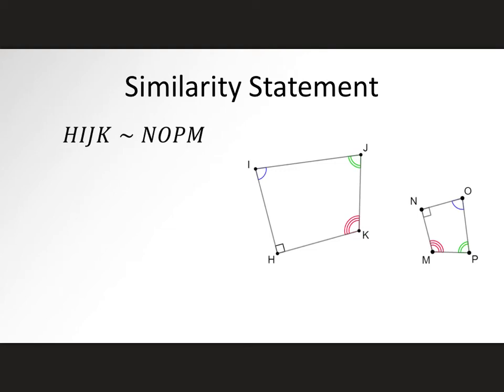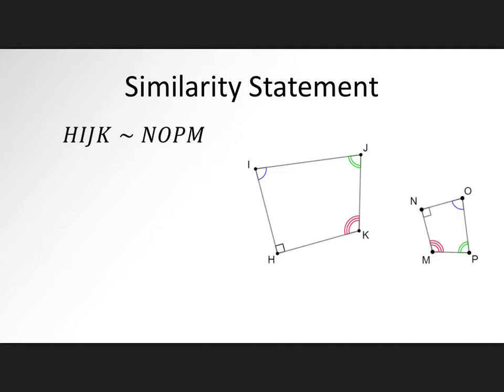Similarity is not only a thing that affects triangles, it also can affect any polygon. Here we have two quadrilaterals, and we have the similarity statement quadrilateral HIJK is similar to quadrilateral NOPM.